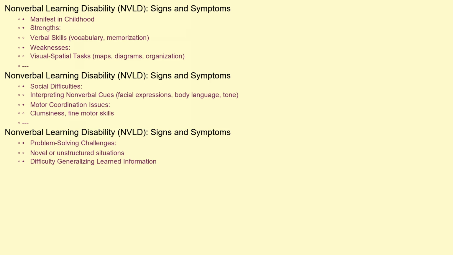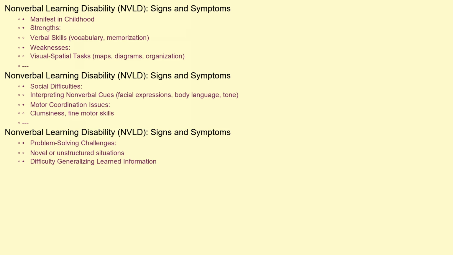The signs and symptoms of NVLD can manifest in various ways, often becoming apparent in childhood. Individuals with NVLD typically excel in verbal skills, such as vocabulary and rote memorization. However, they struggle with visual-spatial tasks, such as reading maps, understanding diagrams, and organizing their belongings. They may have difficulty interpreting nonverbal social cues like facial expressions, body language, and tone of voice, leading to social misunderstandings.